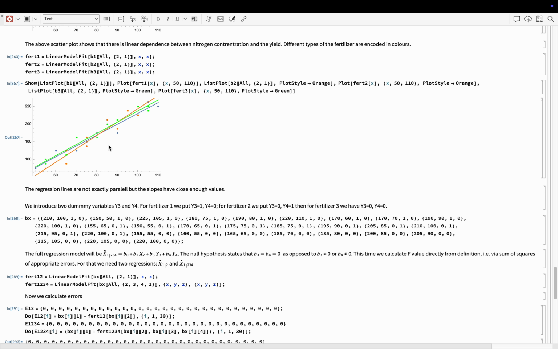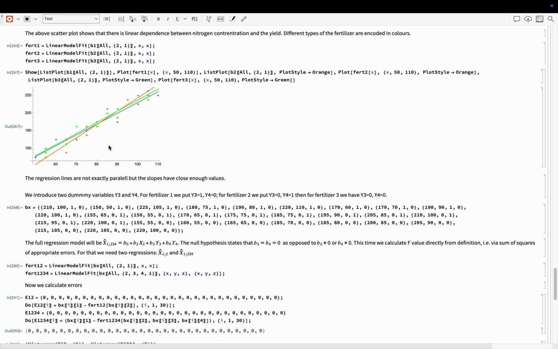The slopes are not equal but close enough. And again, we see that there is no clear conclusion from the picture, so that some fertilizer is better than the other.